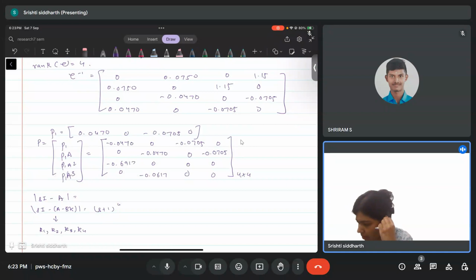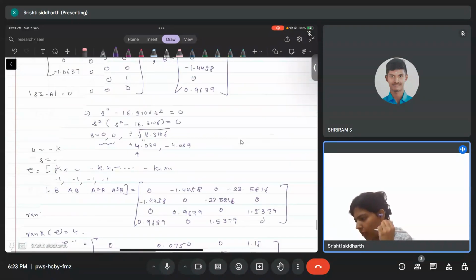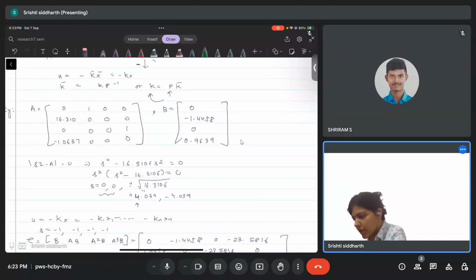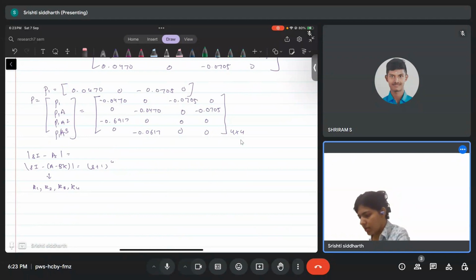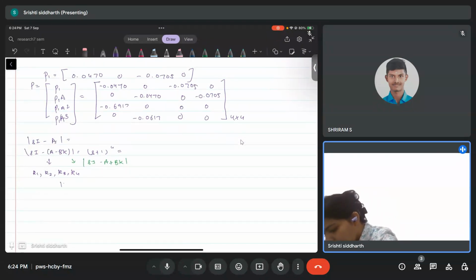So then we already have A and B in the CCF form. You can substitute A and B from here. Plug those in sI minus A plus Bk, and the equation would be in terms of k1 through k4, and then we just need to compare them with the coefficients of s plus 1 to the power 4.